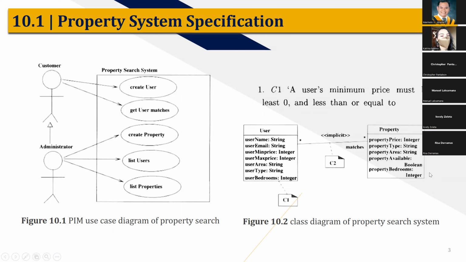If it is 2, it refers to no. Property bedrooms is integer, meaning how many bedrooms a user is trying to search, either 1 bedroom, 2 bedrooms, king size, or a double deck bedroom. For the users, same, strings: the username is a string which consists of alphanumeric characters, and the user email also. Minimum price is integer, area is string.